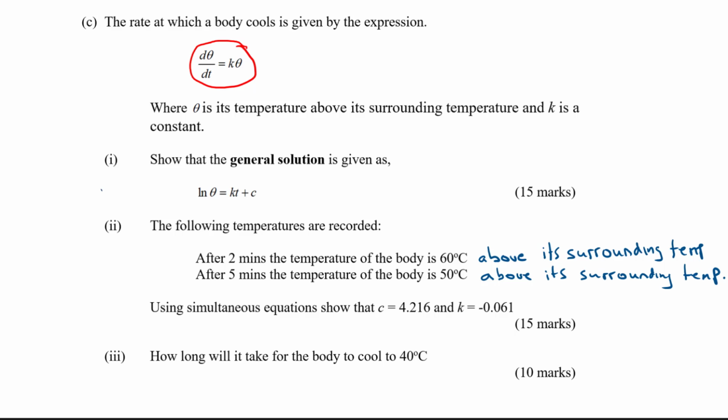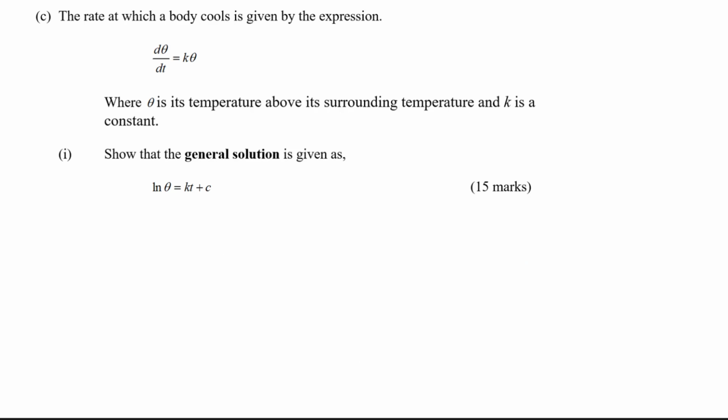So let's do part A first. We'll just go to the next page and simplify it first of all. So we're given this, d theta over dt equals k times theta, where theta is the temperature above its surrounding temperature and k is a constant. Show that the general solution is given by this. Okay, so let's take this expression here.